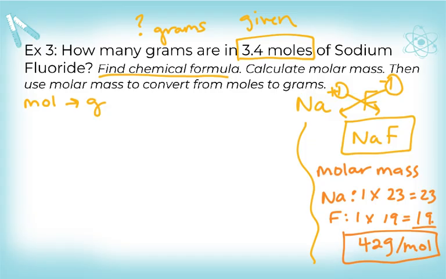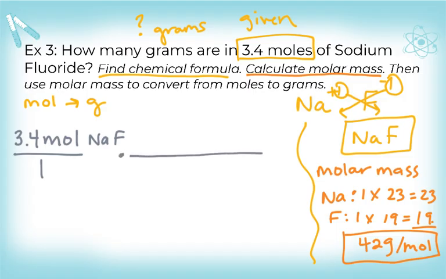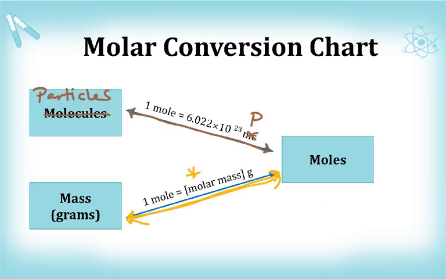So setting up, now we calculated the molar mass, then use the molar mass to convert from moles to grams. So I'm given 3.4 moles. That's going to go in the top of my conversion factor. So this is moles of NaF. Now my one-step conversion, I'm going to put my conversion factor here. Whatever one I'm starting with is what's going to go in the bottom.